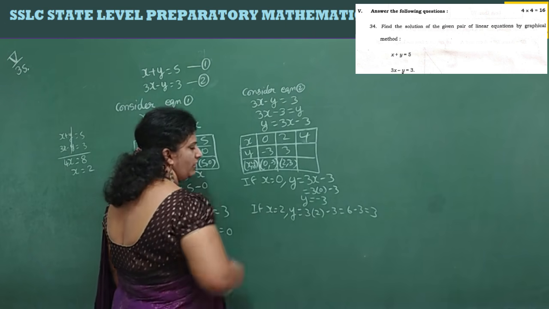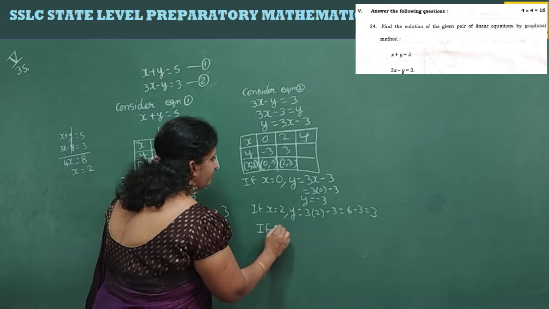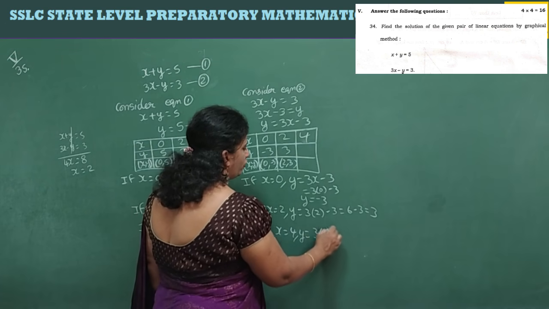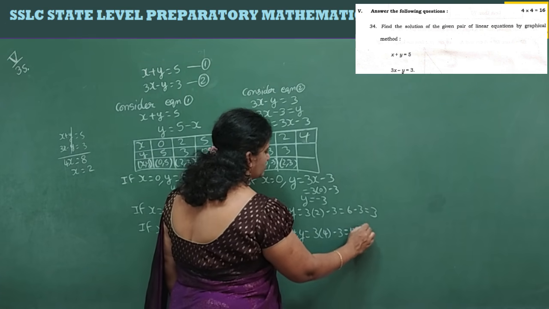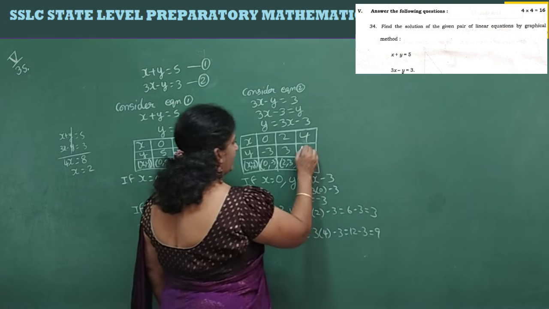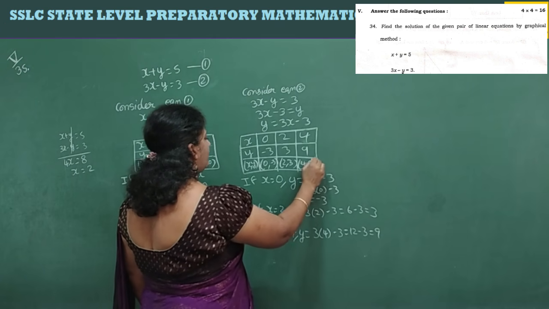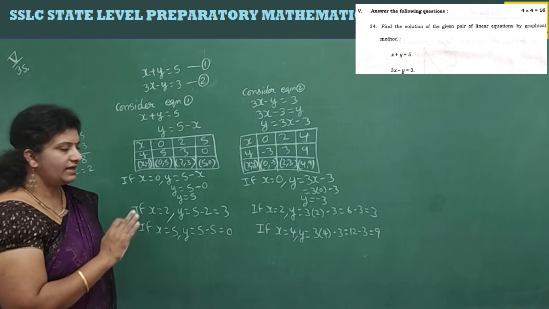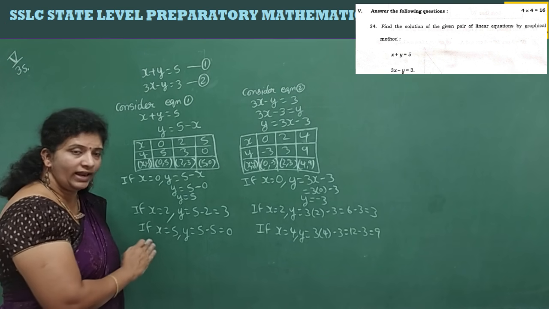Coordinate is 2, 3. And next, if x is equal to 4, y is equal to 3 into 4 minus 3. 4 3s are 12. 12 minus 3, it will be 9. Coordinate 4, 9. So, the calculation part is completed, and still you need to write 2 lines here.